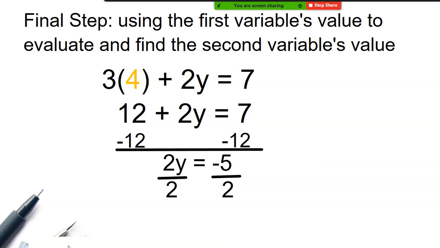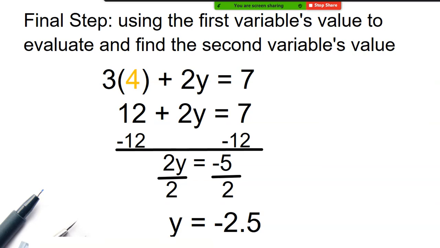I divide the left side by 2. I divide the right side by 2. Okay? 2 divided by 2 is 1. I've isolated the variable. Negative 5 divided by 2 is negative 2.5. You could do 2.5. Some of us even leave it as an improper fraction.